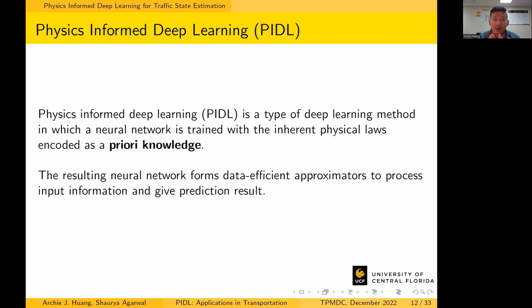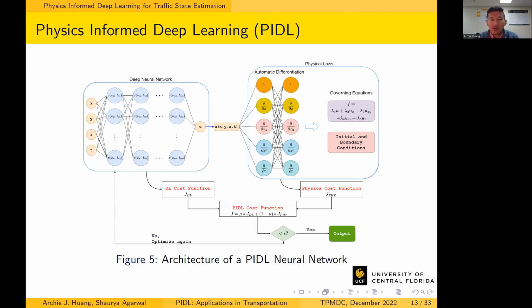But another part is that we are able to compute the physics cost according to the physical equations, or in our application, the LWR conservation law, and use that cost term as a regularization agent to improve our estimation output. So here it goes. When we look at the architecture of a PIDL neural network, we see on the left side it is just a very straightforward, fully connected, feed-forward deep learning neural network.